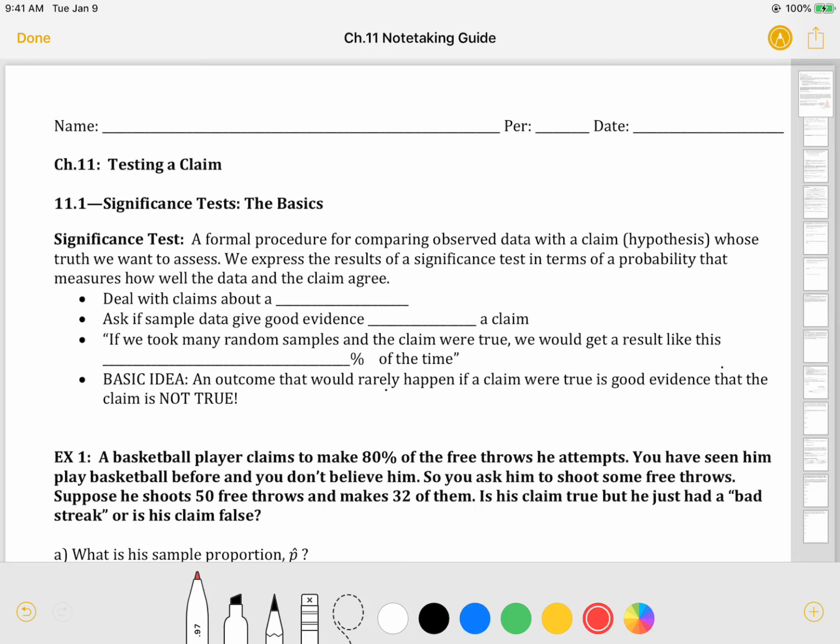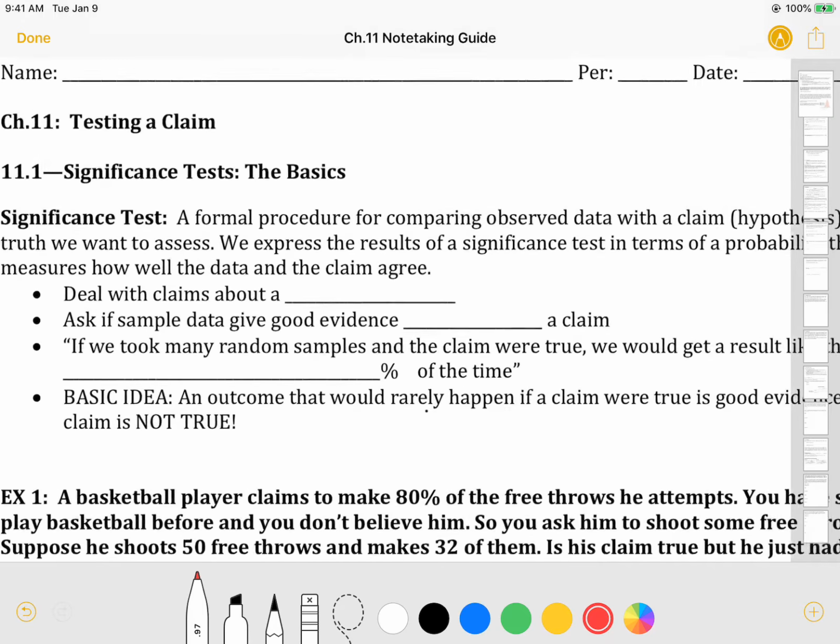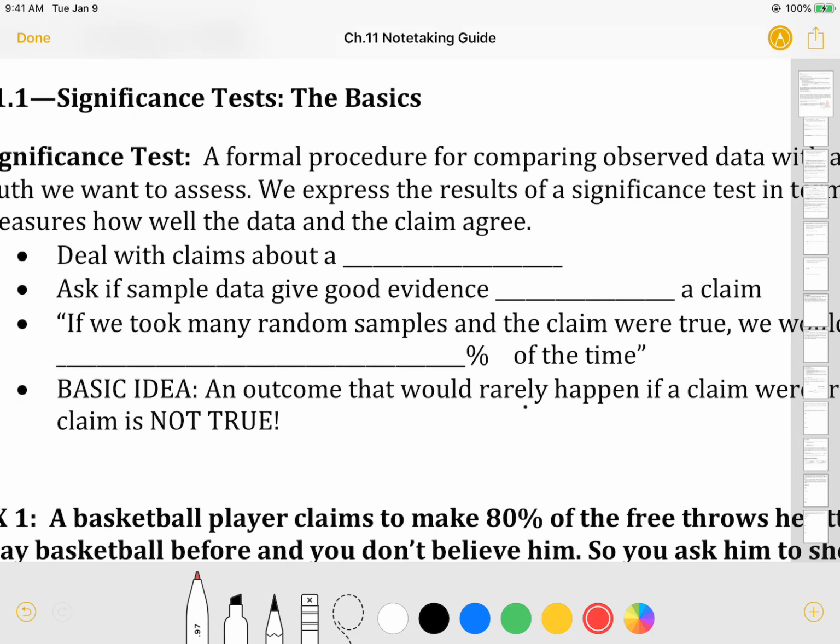And you know a couple people that don't have a 4.0, so you are doubting this claim. So we're going to set up a set of hypotheses that represent our suspicions, and then carry out some procedures to test the claim, okay?